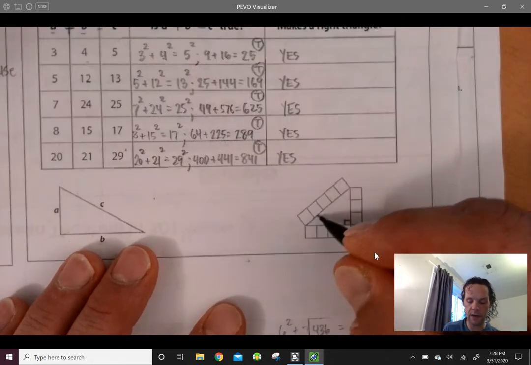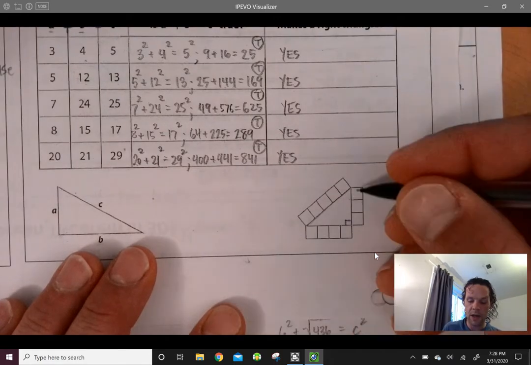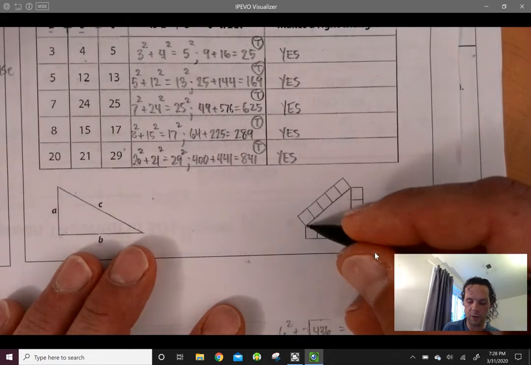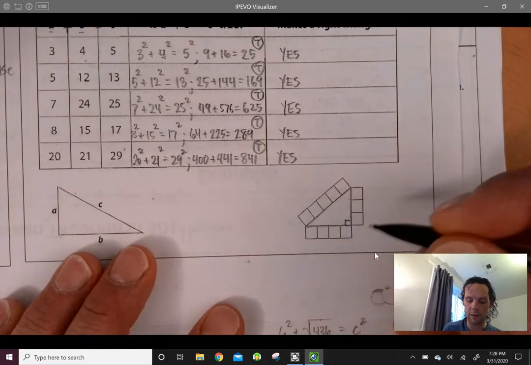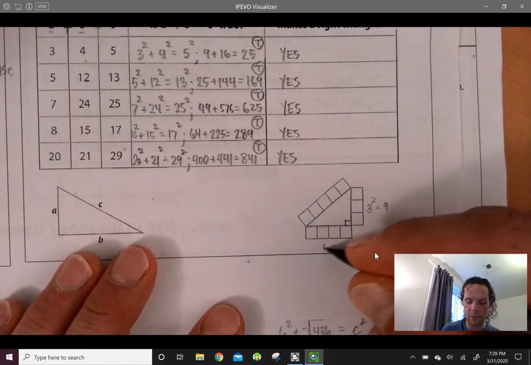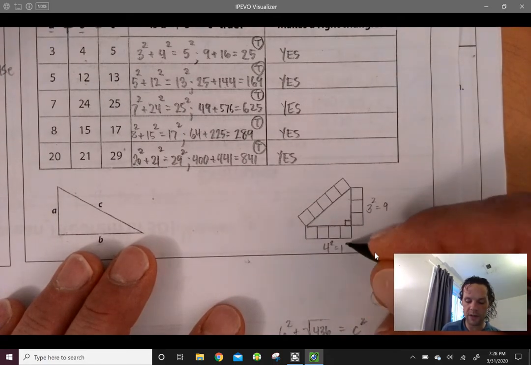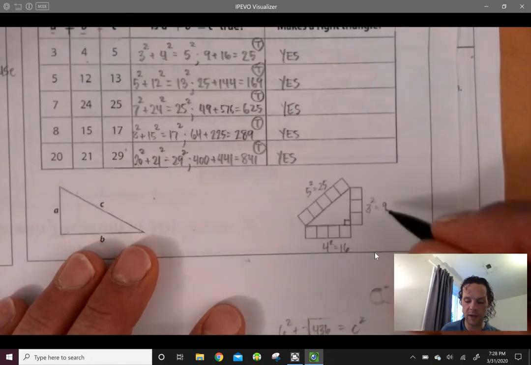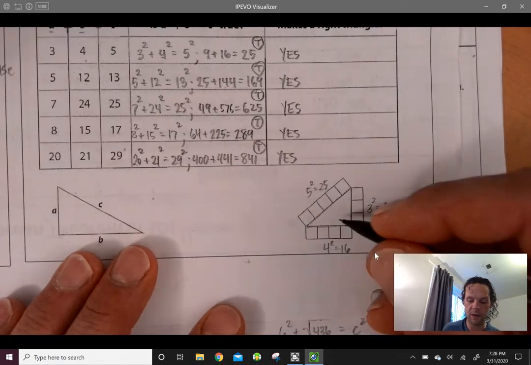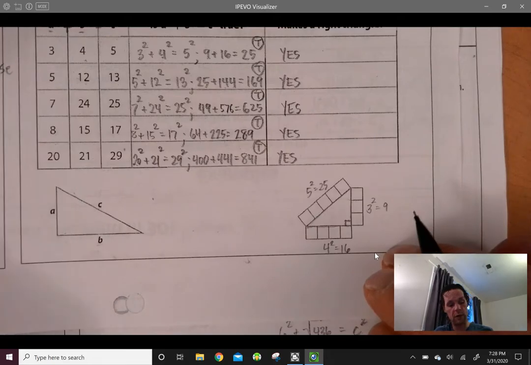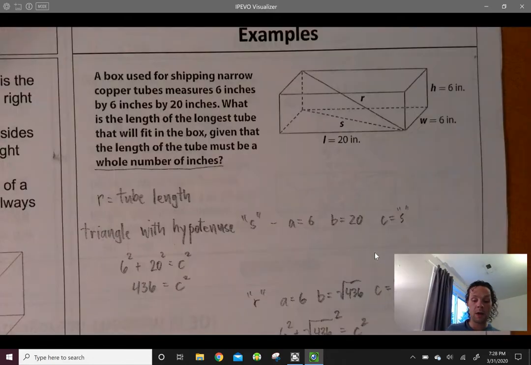You've got a side of 5 units, and then you've got a side of 3 units and a side of 4 units. Okay, that's a 3, 4, 5 triangle. Again, 3 squared equals 9, and 4 squared equals 16, and 5 squared equals 25. Okay, and 9 plus 16 does equal 25. This is a right triangle. Okay, we're going to continue moving with the converse of the Pythagorean theorem.